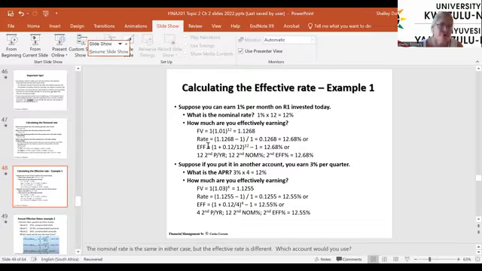But you could use the EFF formula, or the RE, to say that 1 plus 12% divided by 12 to the power of 12 minus 1 is your 12.6825%.